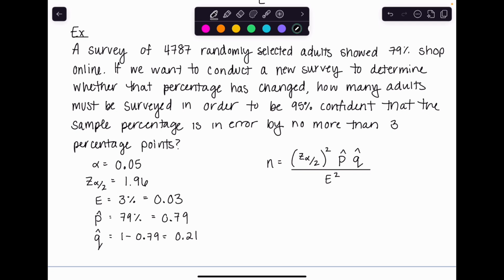So 79% of people shop online means 21% of them do not. So the number of people we would need to sample would be that 1.96 squared, P hat is 0.79, Q hat is 0.21, and my error is 3%.